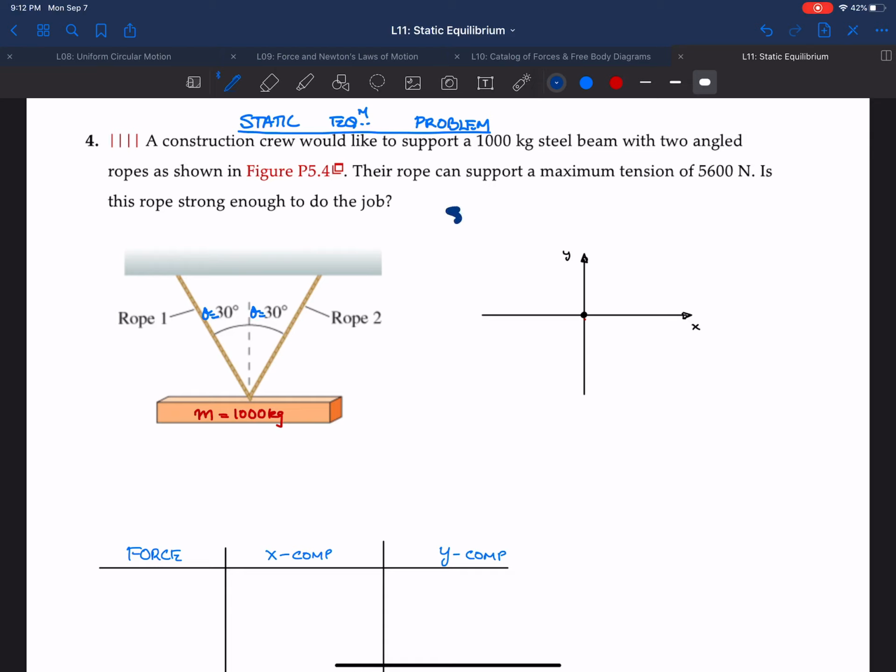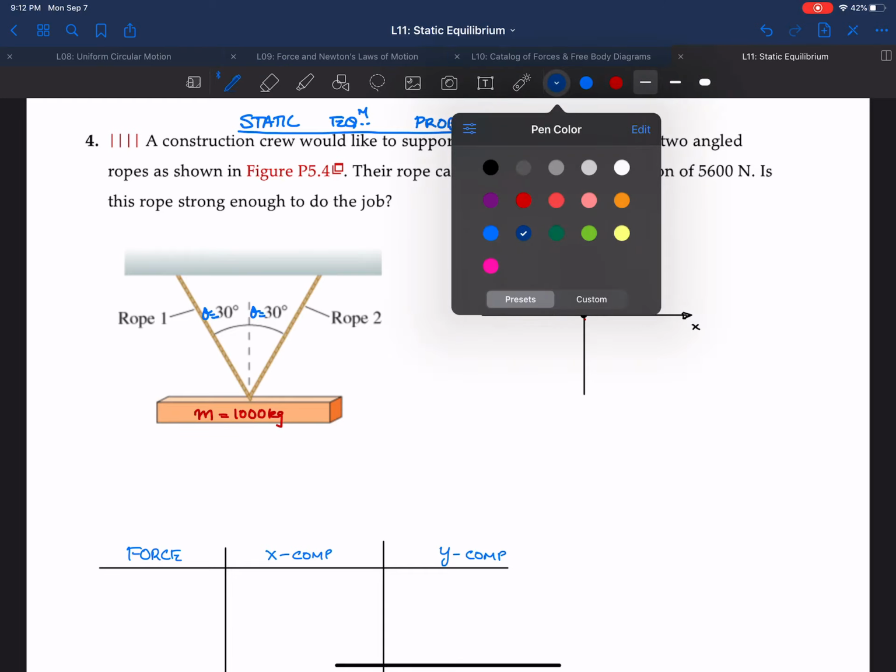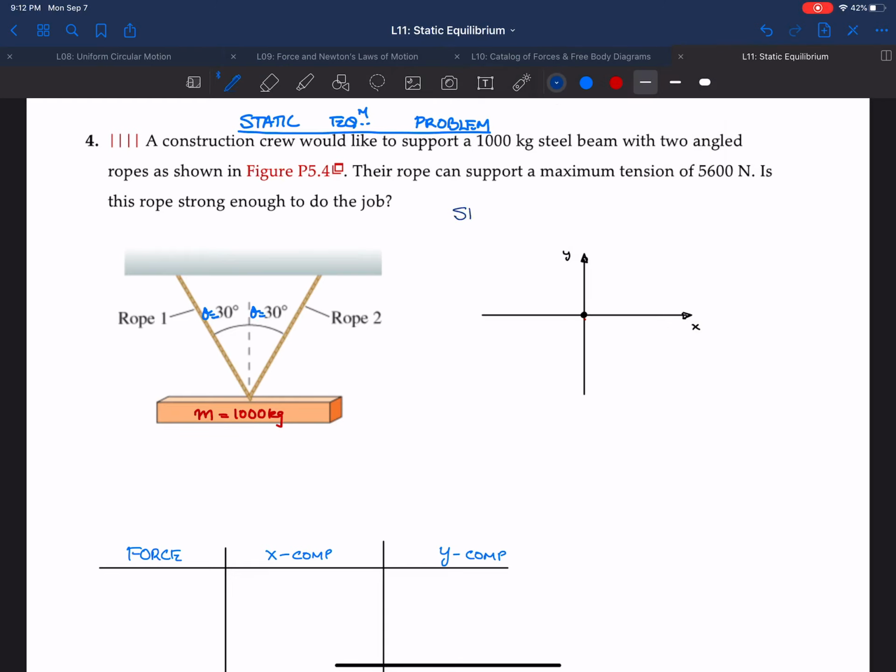The first step, I'm going to write that as step 1, involves drawing a free body diagram. In this case, we're talking about the free body diagram of the beam. That's what we want to focus on.